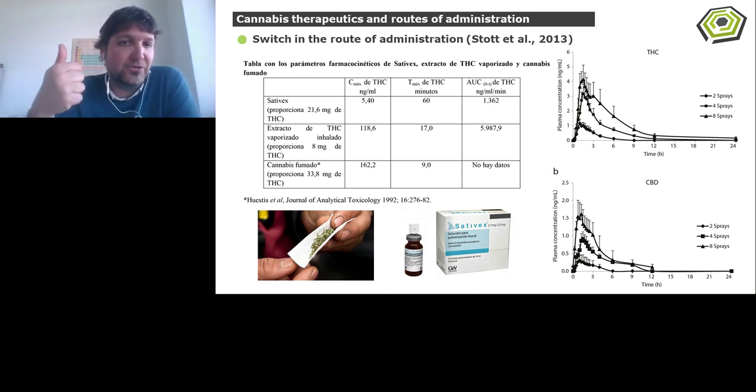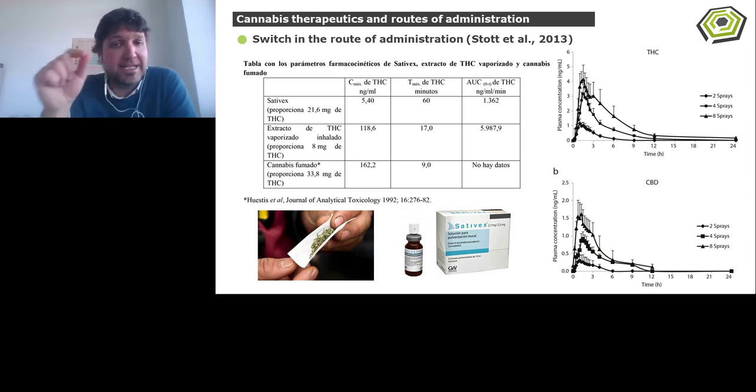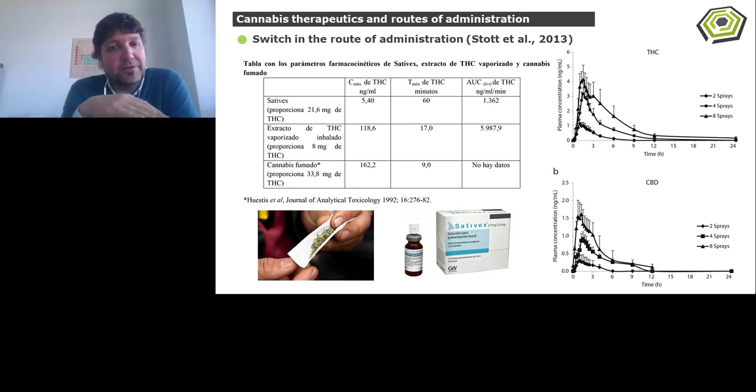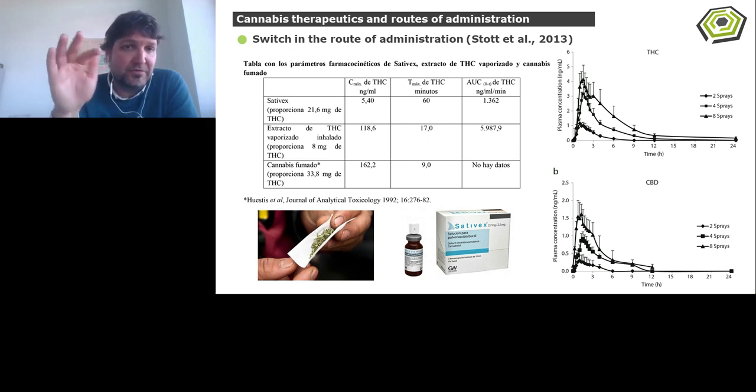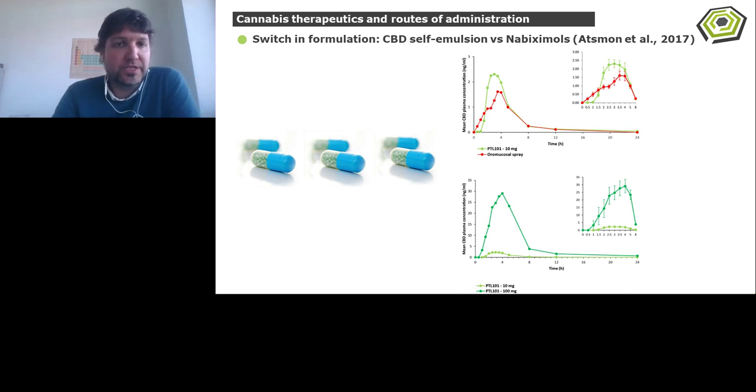The Cmax is going up over 100%, so you're going to have psychoactive effects coming from that THC. And the time for maximum concentration goes to 17 minutes. Instead, with Sativex, you have a much more gradual increase in concentration. It stays around 5 to 10 nanograms per ml, and the Tmax is 60 minutes. It's a much slower way of absorbing your THC.